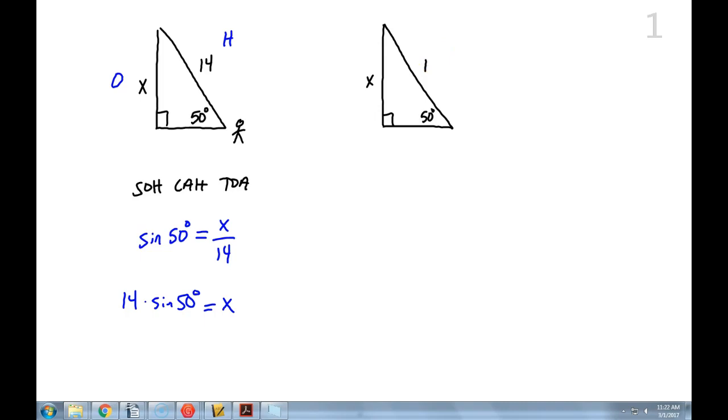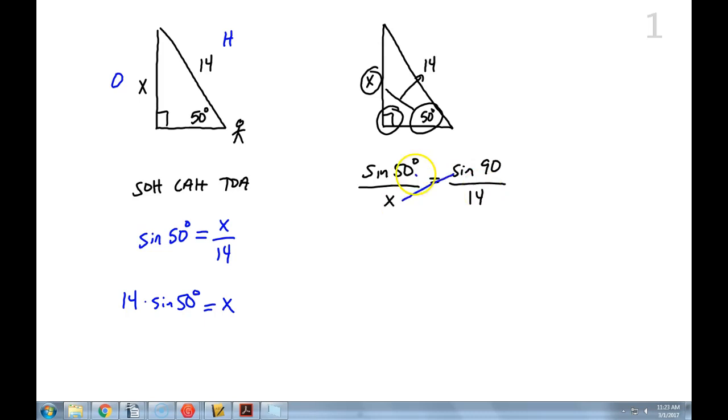When I solve this thing, I could pair people up and say 50 and x, so the sine of 50 over x, and then come the other way, the sine of 90 over 14, and then you can cross multiply and get x times the sine of 90 equals 14 times the sine of 50, and then divide both sides by the sine of 90, which just turns out to be 1.